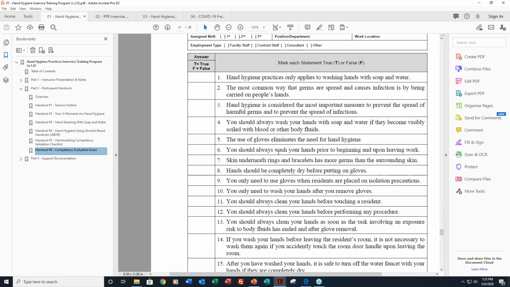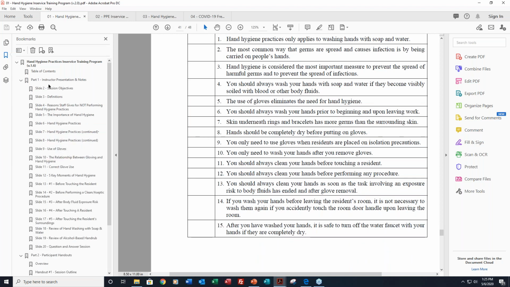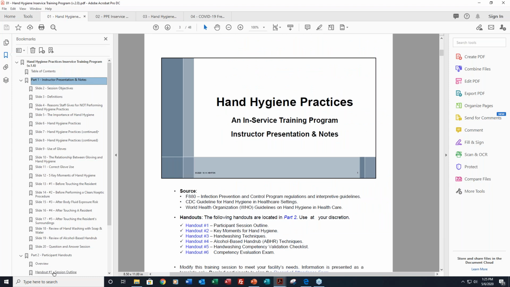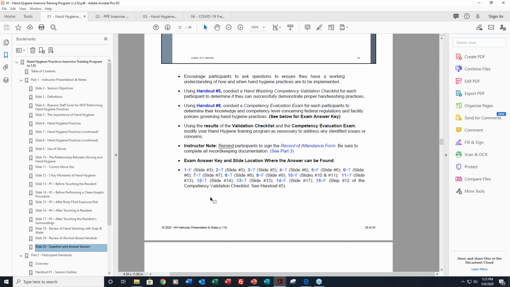So you look at all of these and you think, well, where's the answers? When you go back to your presentation slides, the last slide is always questions and answers. It has all of the answers and where that information is located in your program. So if someone asks you for a clarification, or where in the program that information came from, you have all that data at your fingertips.